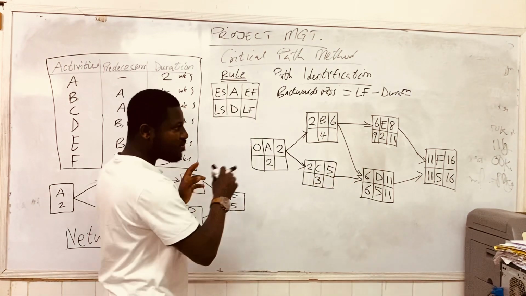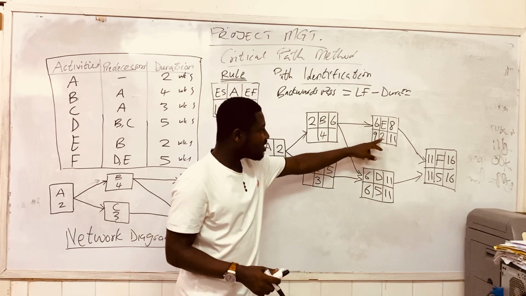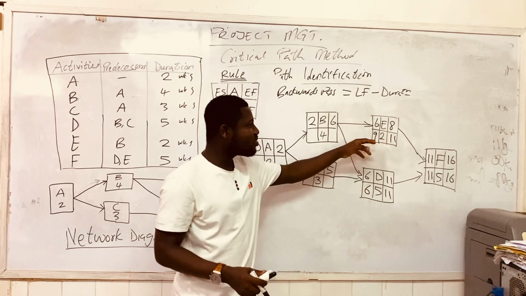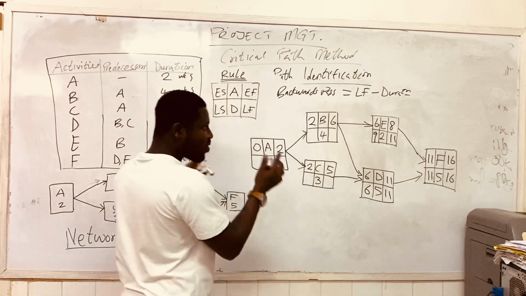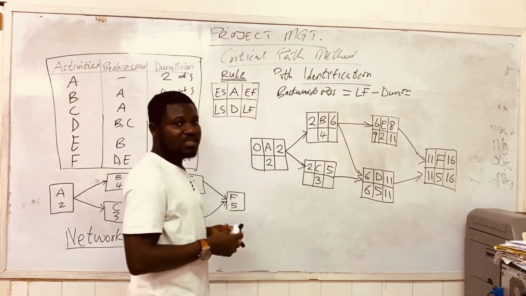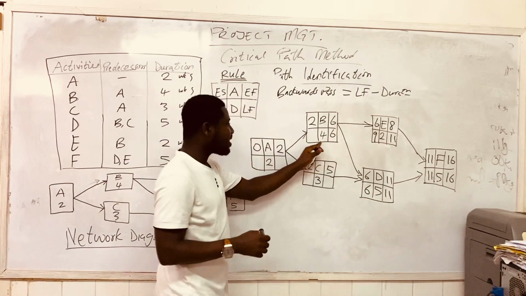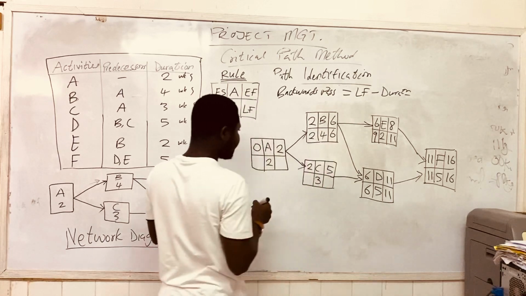Mind you, when we're going forward, we're using the highest values. And so in this case of E and D, we would have used the 9. But this is backwards pass. And so we are going to use the 6 of activity D. So it is very simple. You put 6 here. 6 minus 4, you have 2.